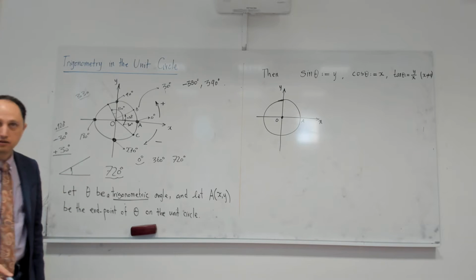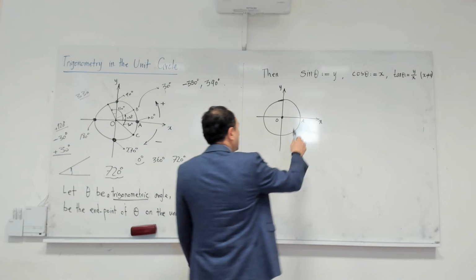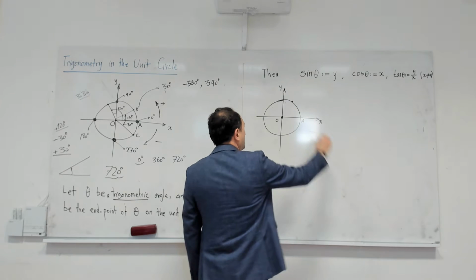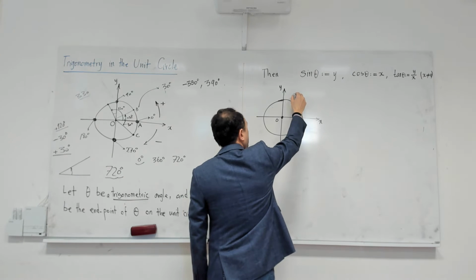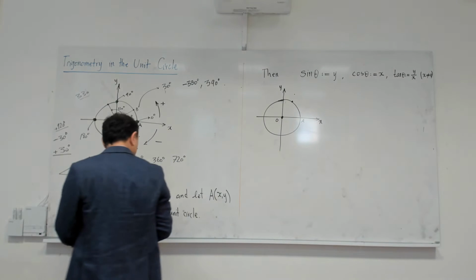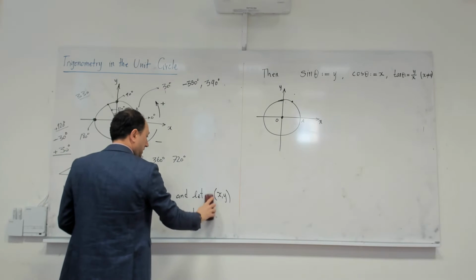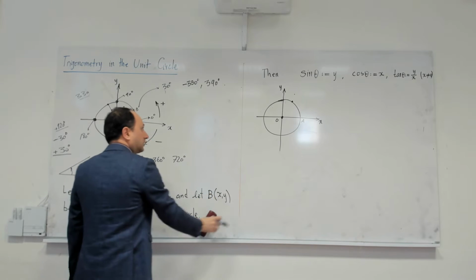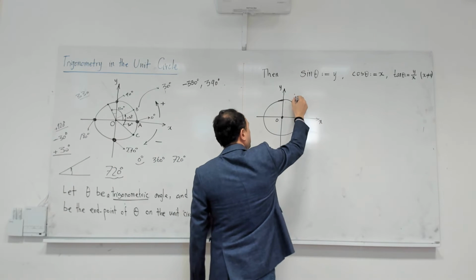That is clear, yes? So for example, assume that you end up here. So if you don't mind, let me change this letter from A to B so that you're not confused with that A. So I will end up here, B.